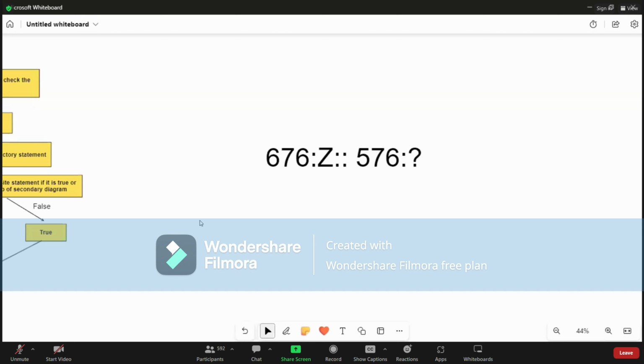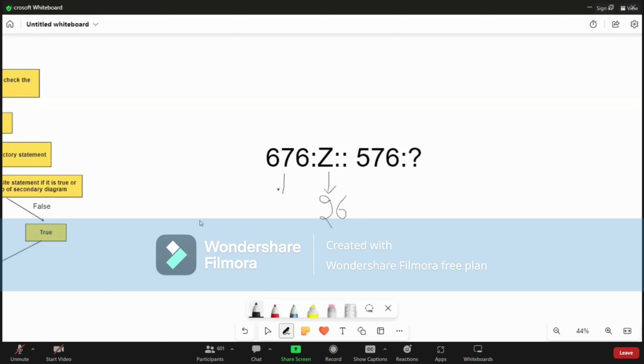Okay. So the answer for this is X, as many of you have done. So what is this? This is the value of Z, that is, in numbers, we take it as 26. That is, it is the 26th letter. So now, what is 676?